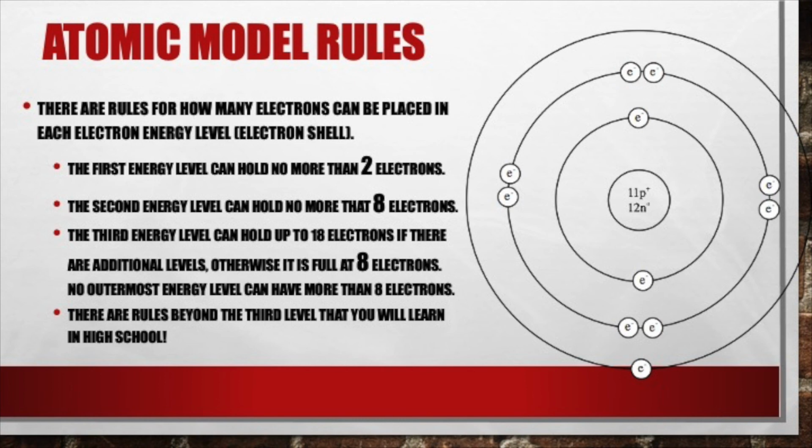But for you guys, it can hold a maximum of 8. So we kind of stop there, so you won't draw anything bigger that would require you to use the extra rules. In actuality, the third one can hold 18 as long as there are other levels after it. We don't have to worry about that. That's a little too much. So if you can remember 2, 8, 8, you're good.